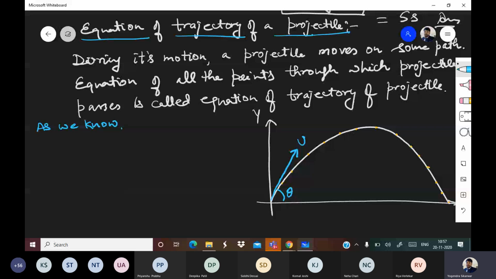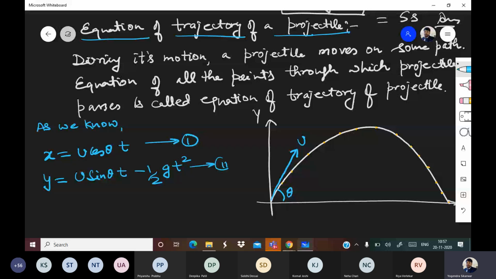So as we know, x is equal to u cos theta into t. y is equal to u sin theta into t minus half g t square.